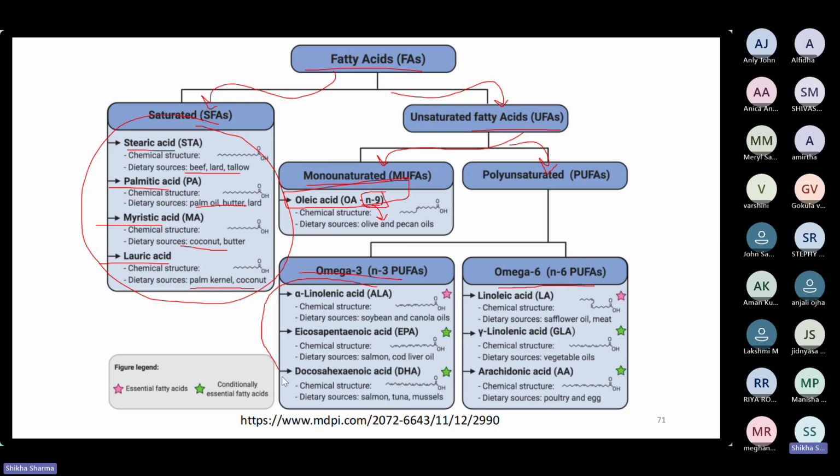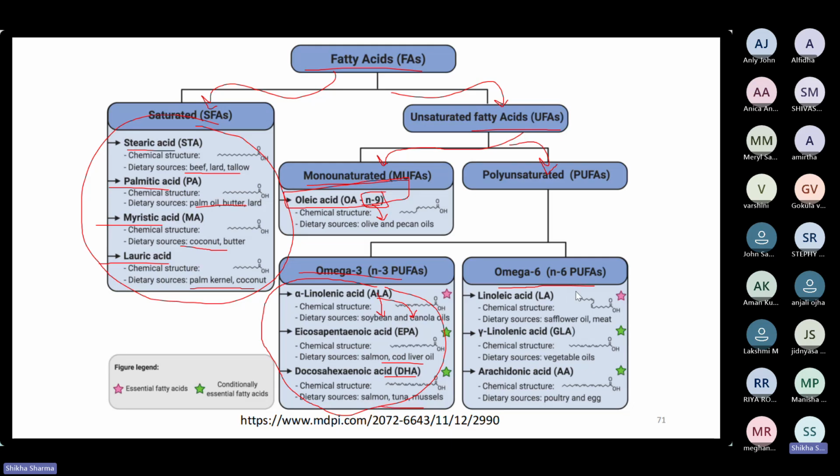So omega 3 is basically alpha linolenic acid, and then EPA and DHA. ALA is found in soybean and canola oils, EPA is in salmon, cod, and cod liver oil, and DHA is in salmon or tuna fish.